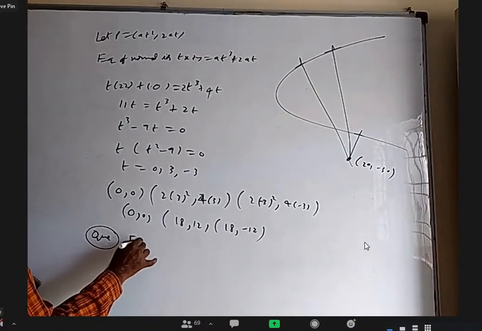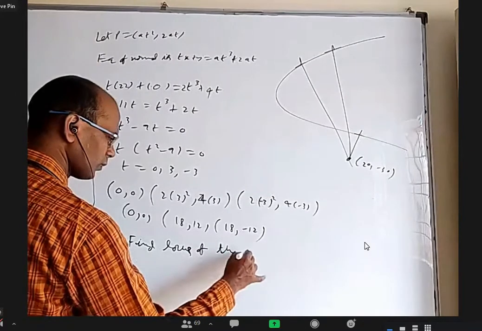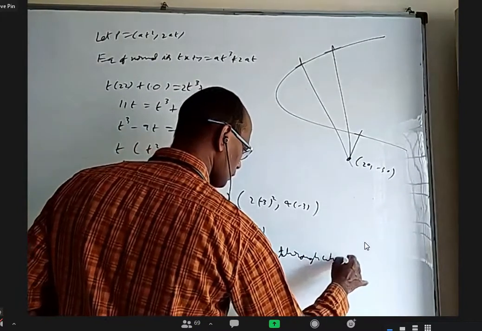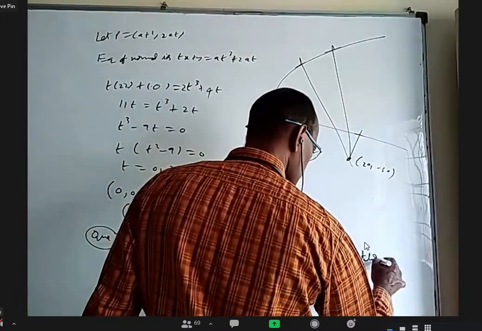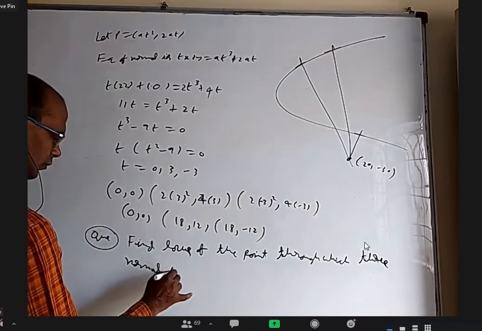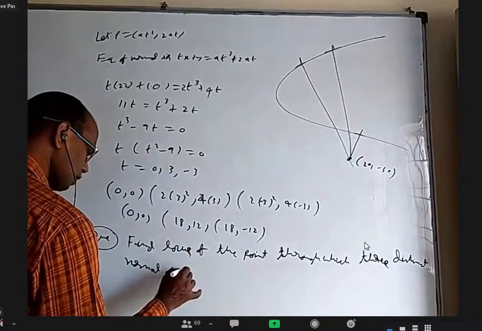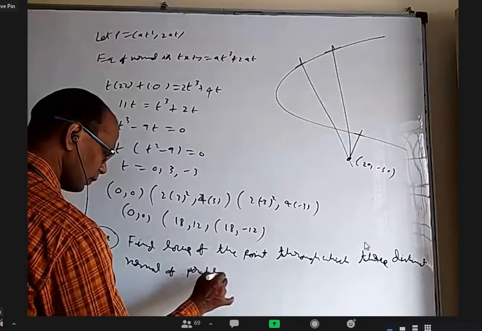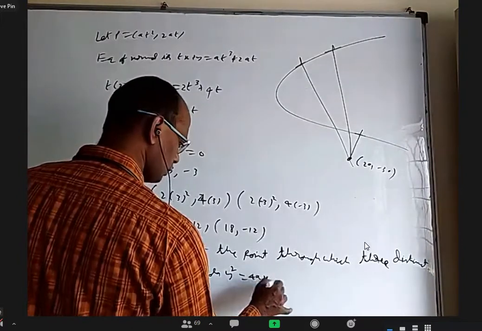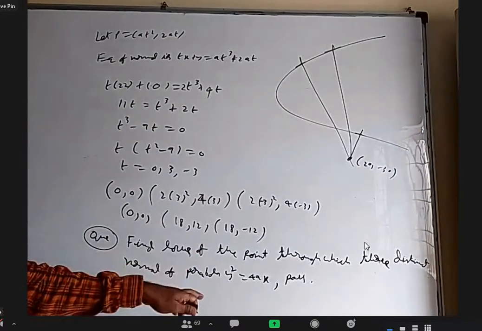Okay, next question. Find the locus of the point through which three distinct normals of the parabola y square equal to 4x pass.